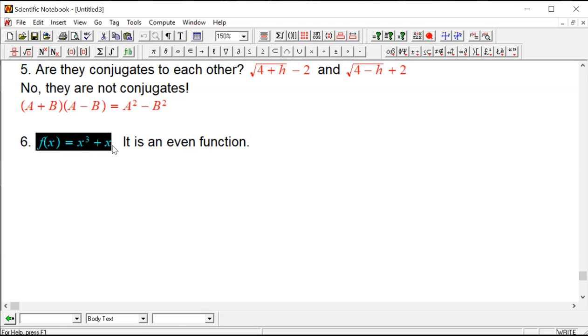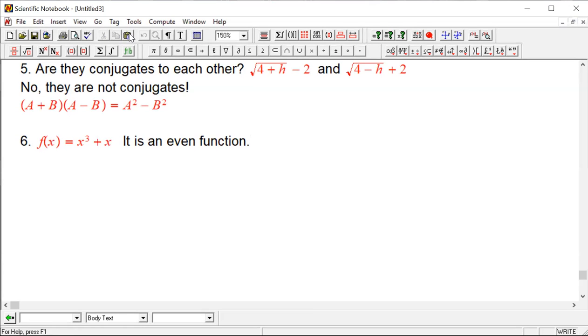How do we determine if it's even or odd? We have f here, and we just have to work out f of negative x. When x is replaced by negative x, what do we get? We get negative x to the power 3 minus x. Apparently, f of x is not the same as f of negative x.